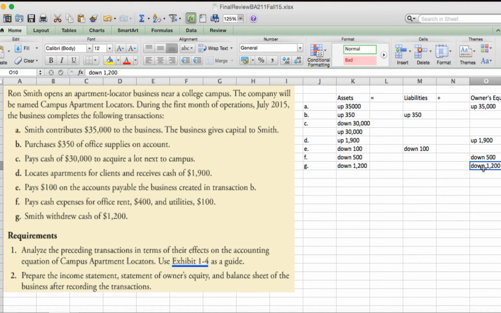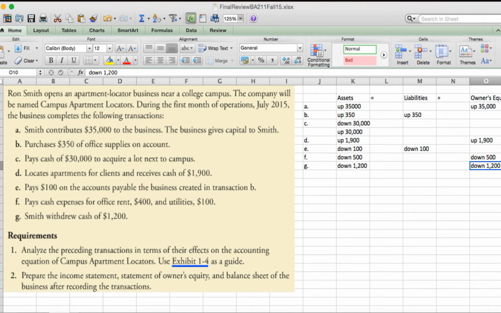Owner contributes $35,000, so that's plus $35,000. Then revenue and expenses come into the owner's equity statement through net income, so you would add net income of $1,400, and then subtract the amount the owner withdrew, $1,200. Okay, so that's what the statement of owner's equity would look like.